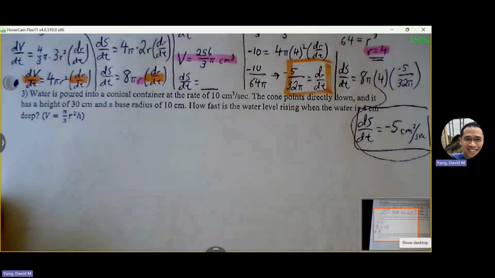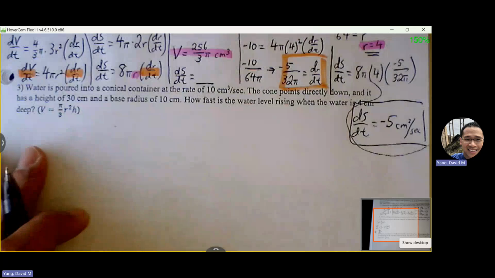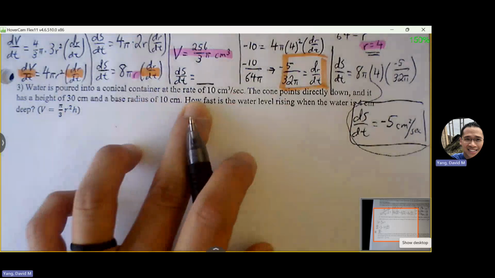The most labor-intensive related rates problems are these cone problems where we have to do similar triangles and then get our variable down to either radius or height, and then find the derivative and then plug everything in. Okay, so water is being poured into a cone container.